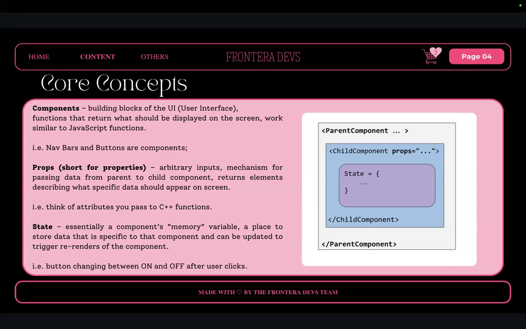The cart would have a state that would tell us exactly how many objects or products are in our cart. And that would increment. That's a good example of a state. The photo over here just shows that you have parent components and child components and states within the components. So that's just kind of a very basic diagram of how your app will be set up, or your website.